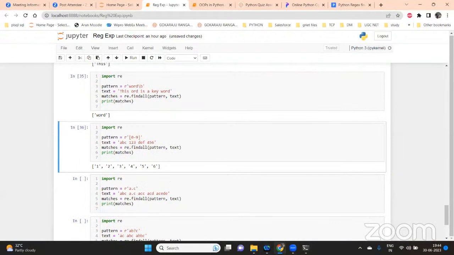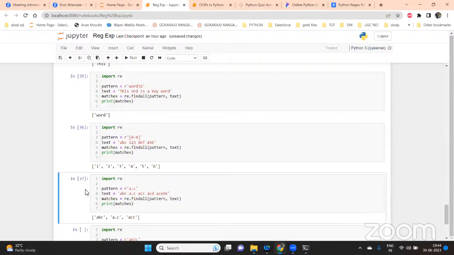Okay, a lot of answers. A dot C, ACC, ABC. Okay. Good guys, keep trying. A lot of people are answering actually. So Vivek answer, Satvika, Rishi, Vaibhav is almost there.